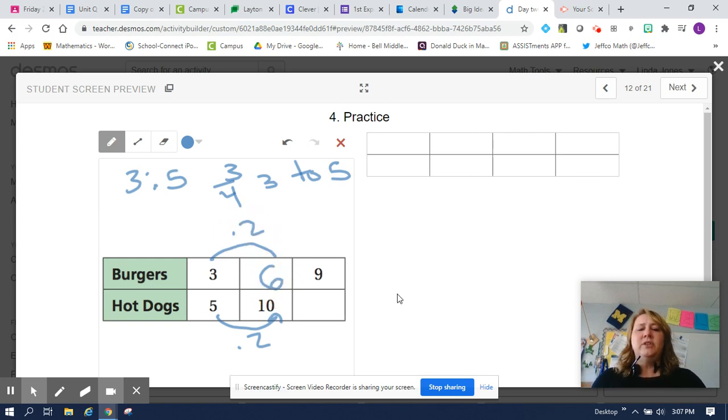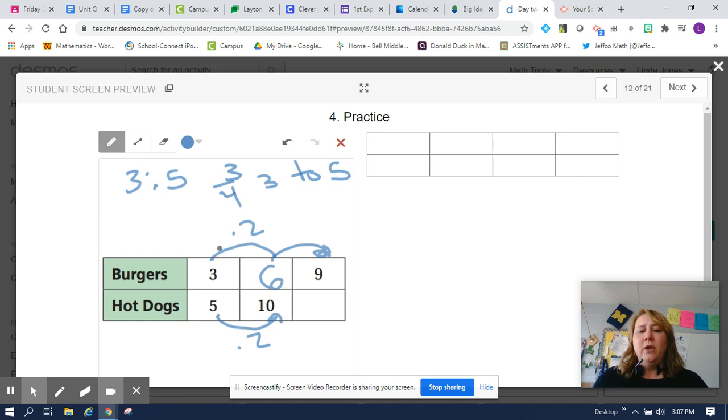So we're filling out a ratio table looking for all of those patterns. How do I get from 6 to 9? That's one of those hard ones. There's a couple of ways you can think about this.